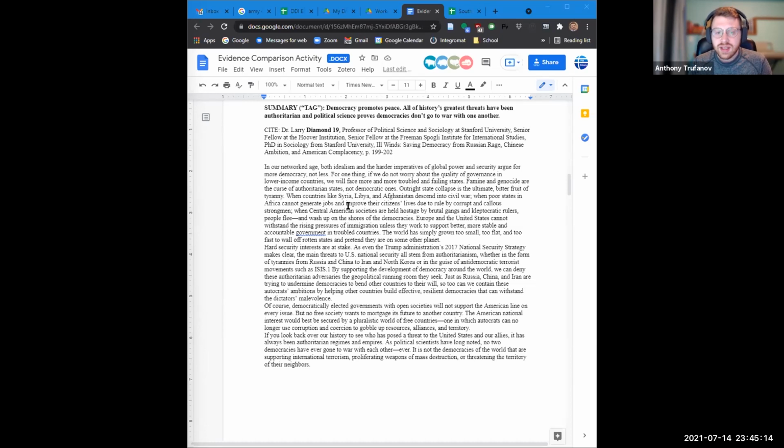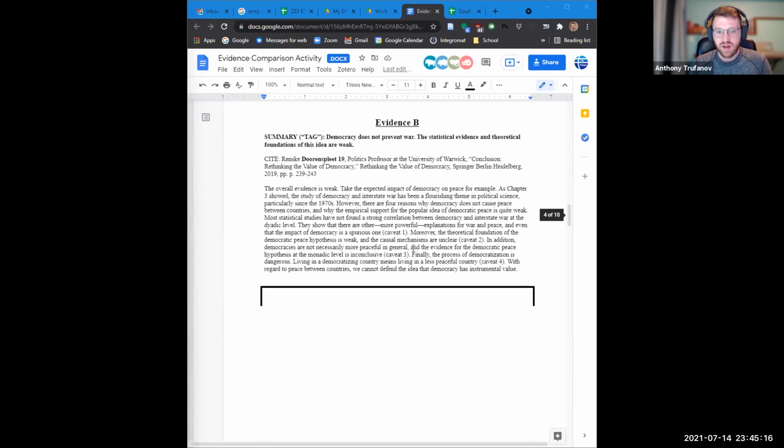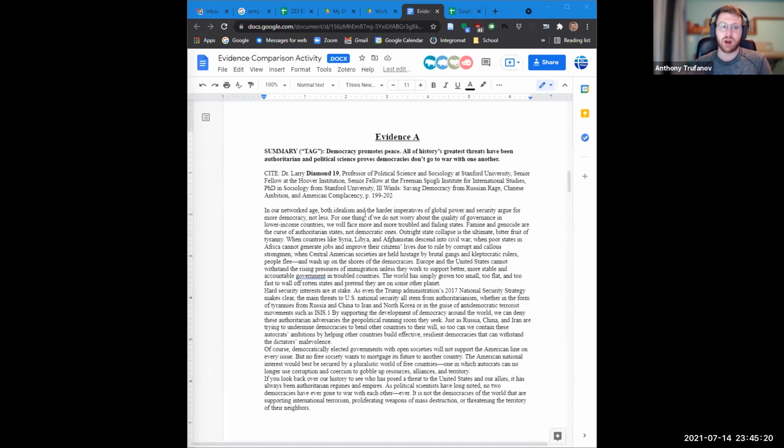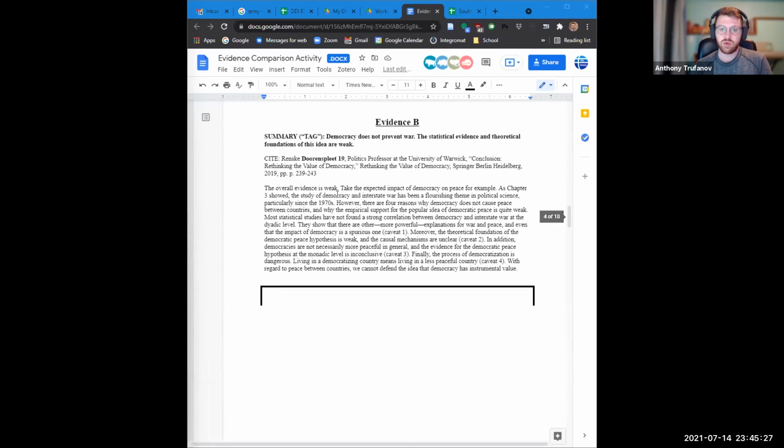Okay. So in this case, both of the pieces of evidence we're looking at are conclusive. They're both supporting their argument. Like, Larry Diamond clearly thinks democracy is really good. Durenspleet thinks it's not that good. So these are both conclusive.